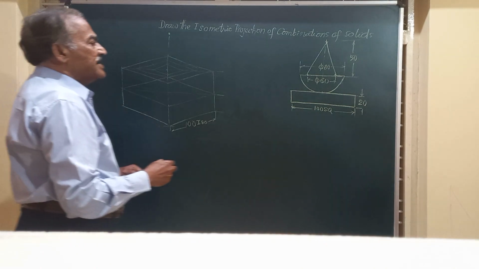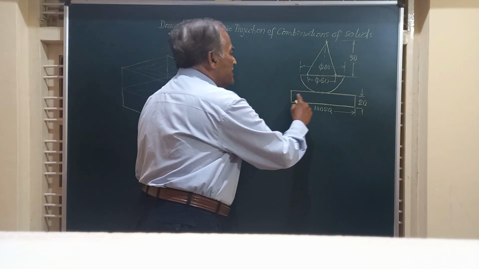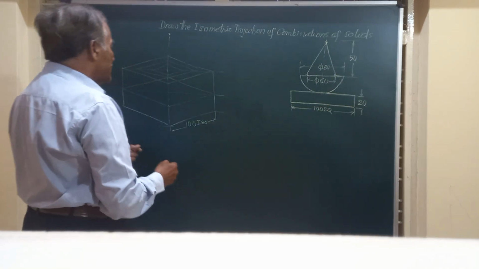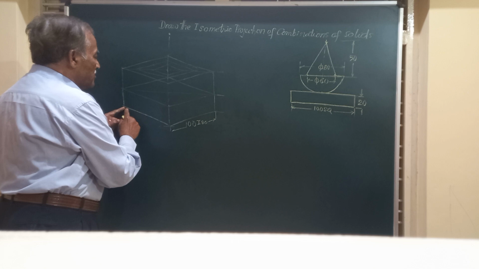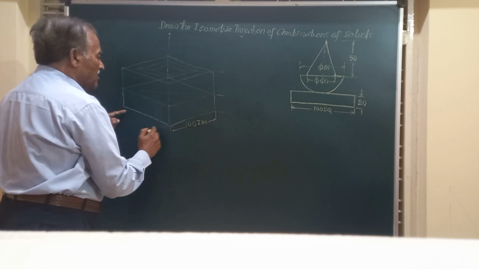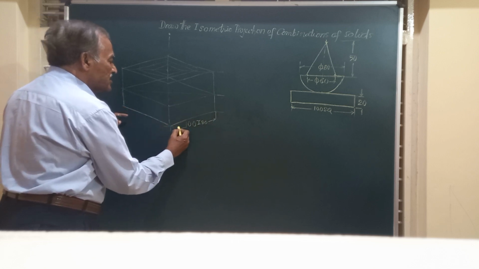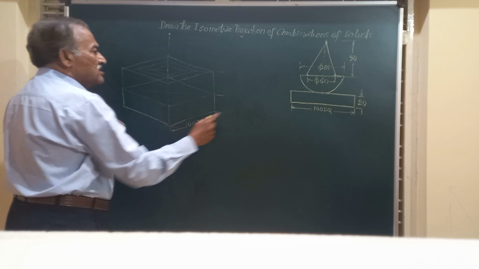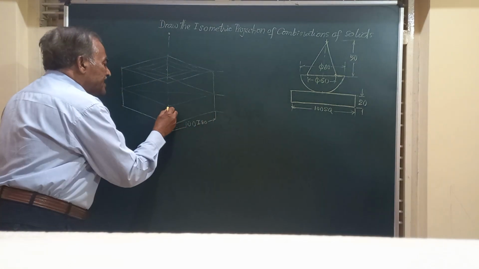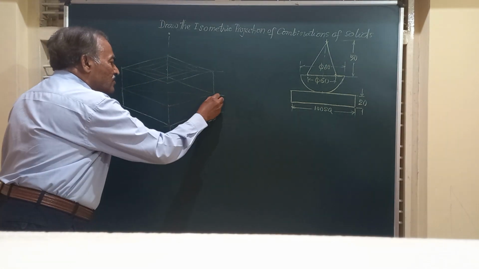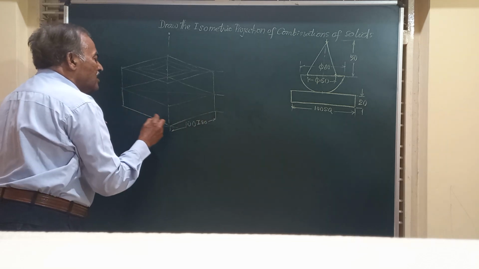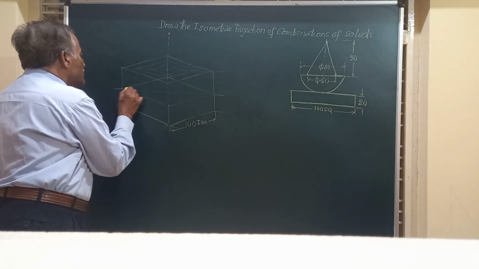Now friends, let us draw the isometric projection of this block. So what is to be done? I am going to draw these two lines at an angle of 30 degrees to the horizontal, and through every point I draw a vertical line of height equal to 20 mm.